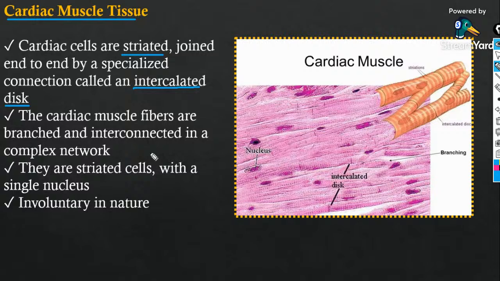The cardiac muscles are branched and interconnected together. They are striated muscles with a single nucleus, but they are involuntary in nature.